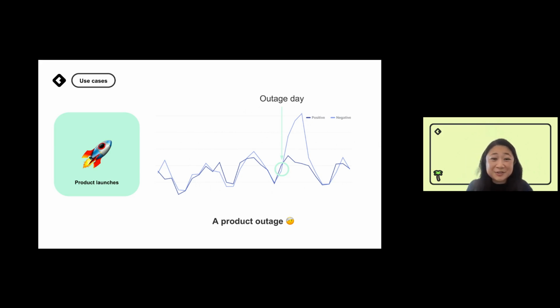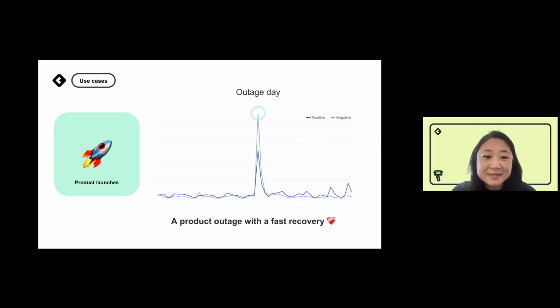Now, what if I told you that product outages may sometimes be a good thing? Product outages themselves aren't awesome, but we've also seen situations where companies responded super quickly to the outage and had a very quick recovery, as shown by their negative and positive sentiment spiking up at the same time, and then recovering very quickly and actually gaining more trust with their community.